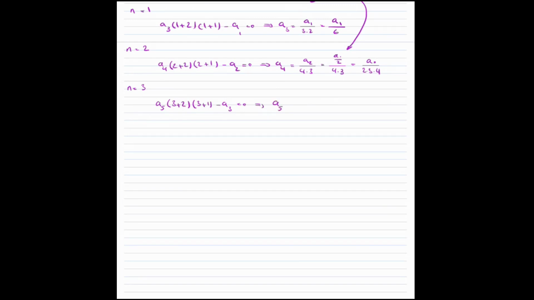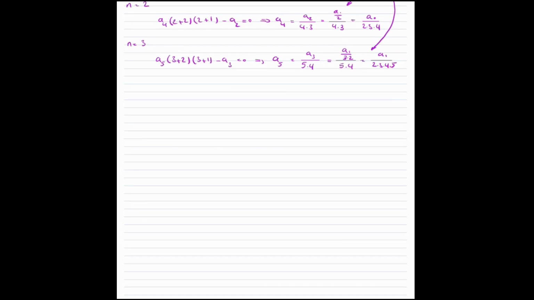Our a5 is equal to a3 over 5 by 4, where a3 is a1 over 3 by 2, over 5 by 4. So our a5 is going to be equal to a1 over 2 by 3 by 4 by 5.